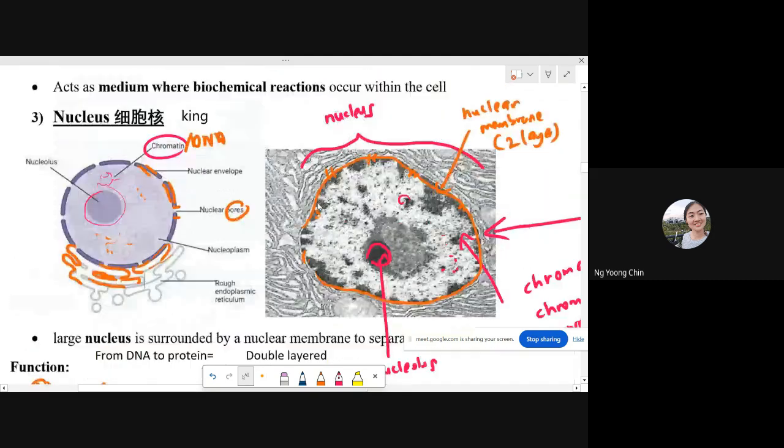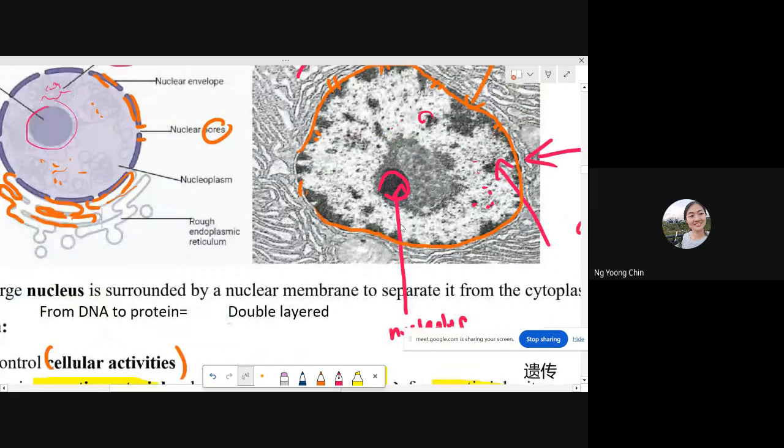You see this picture? This is the actual picture, captured from the electron microscope. You can see they are continuous with the layer outside. Actually, they are continuous with the endoplasmic reticulum.